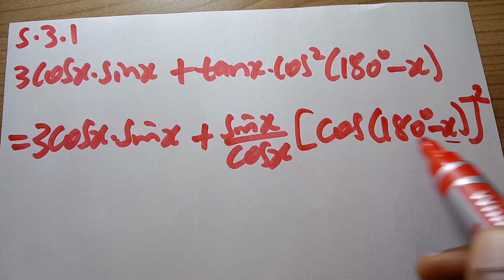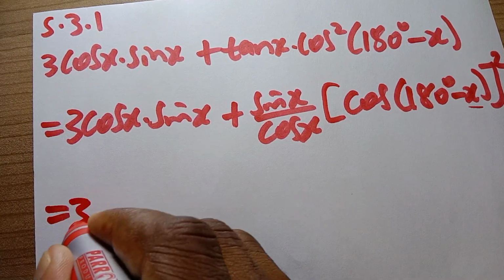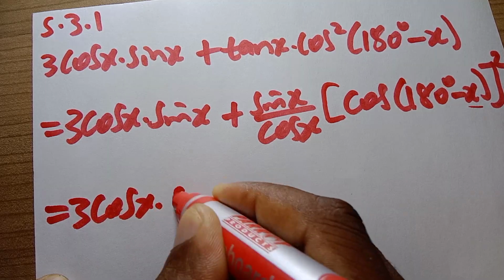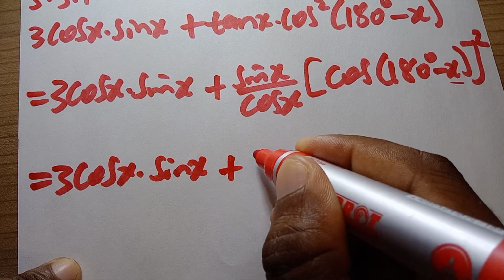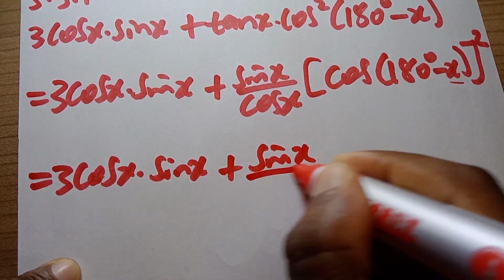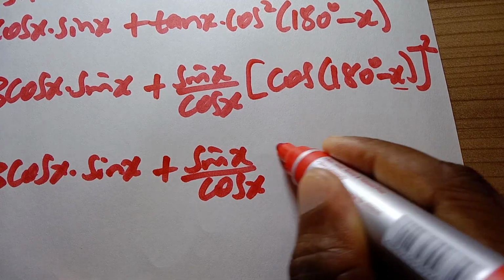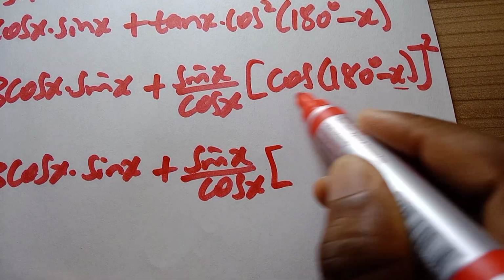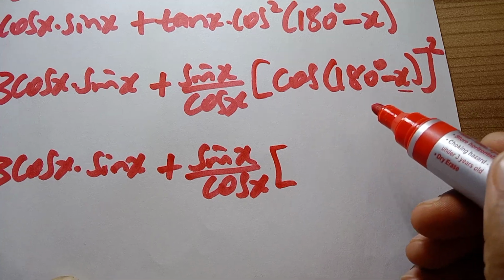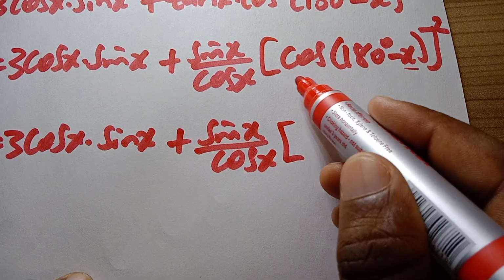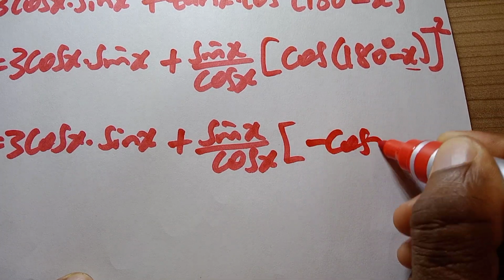Then now we deal with whatever is here. Here we're still having the 3 cos x multiplying the sin x. Here we're still having the sin x over the cos x. Then here now we deal with this: 180 degrees minus x falls in the second quadrant, and in the second quadrant cosine is negative, then we end up with negative cos x.